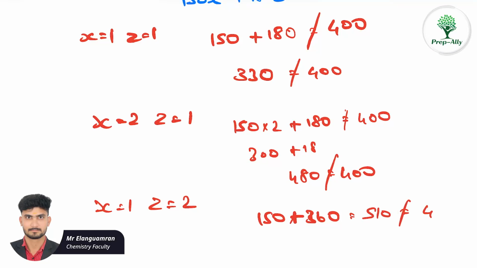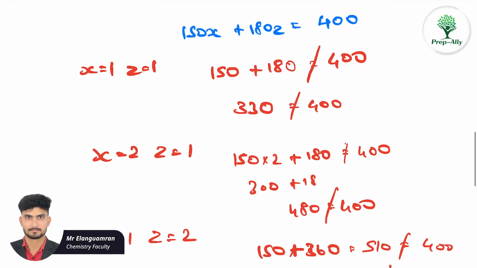And this is not equal to 400. This is too much. Upon comparing these values, this one I can't take, sorry, because 330 is the minimum. It should cross at least 400 so that I can completely know how many exact units are there.